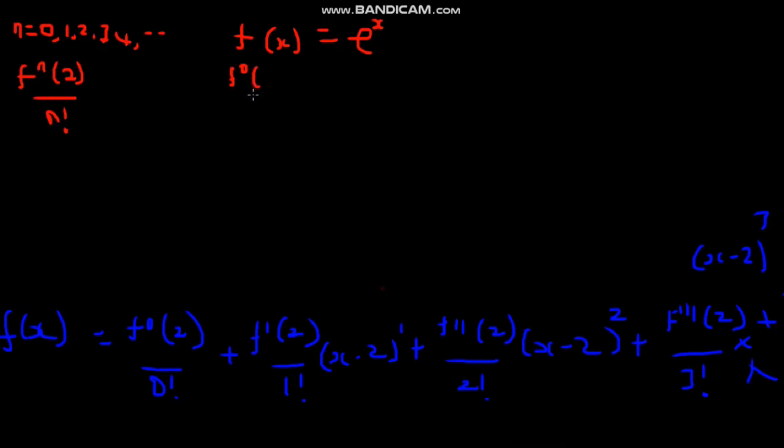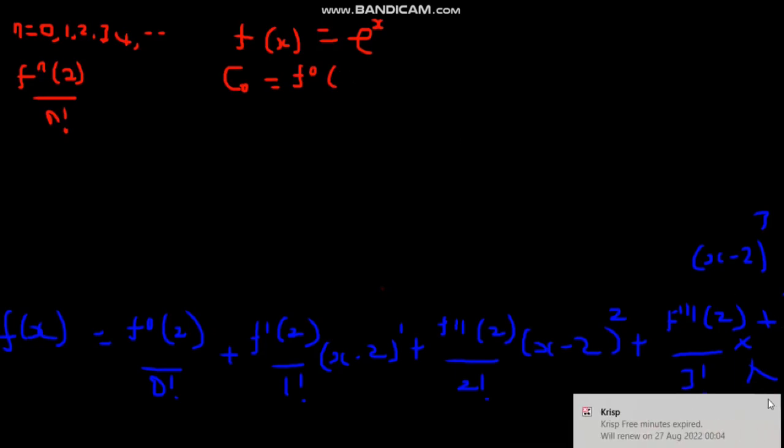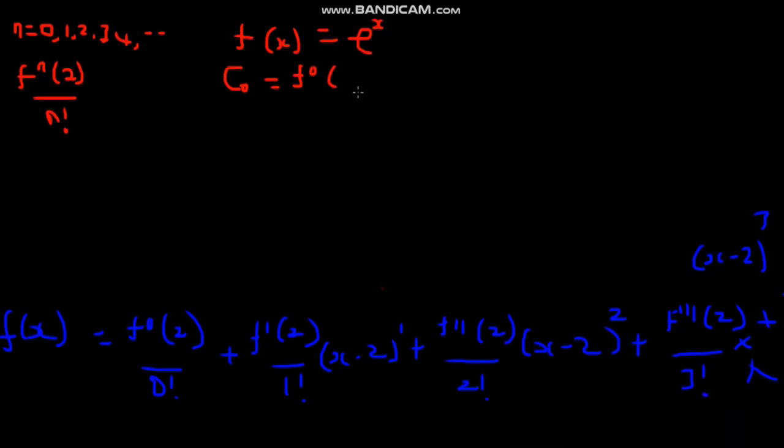So let me make this c sub 0. So c sub 0 is the zero derivative of the function at 2 over 0 factorial.